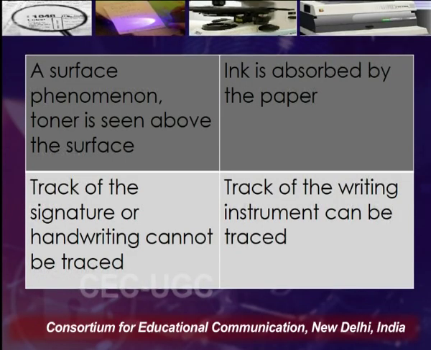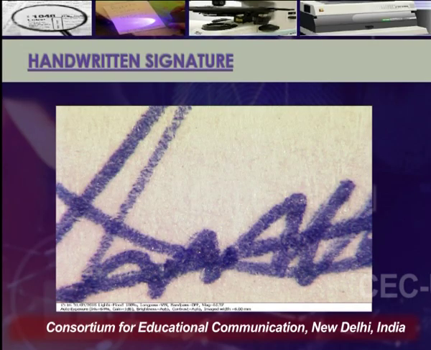We can track the signature and handwriting, while the writing instruments cannot be traced in electronically produced documents. In a handwritten signature, the ink deposition may vary depending upon the pressure put by the person at different levels.